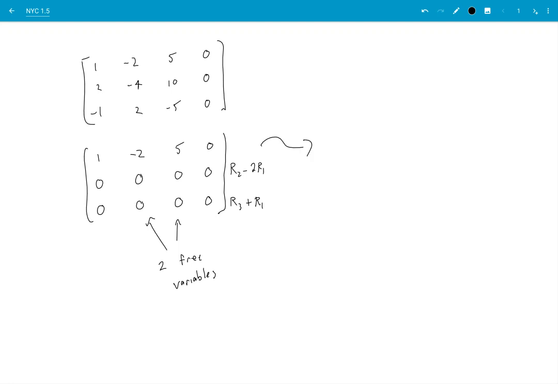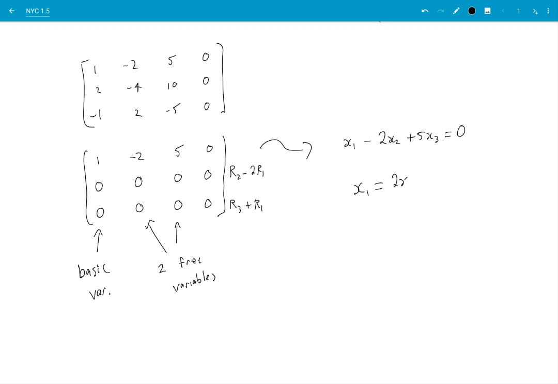So if I convert this back into an equation, I get x1 minus 2x2 plus 5x3 equals 0. Now, what was my process? My process before was to solve for the basic variable in terms of the free variables.